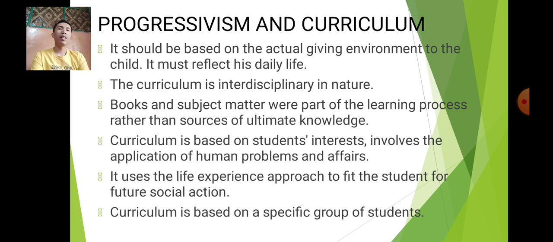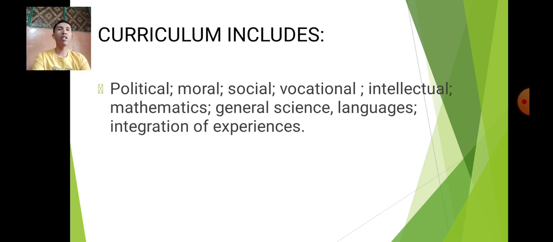So it is also considering experiences in order to prepare students for social interactions. Then the last one, curriculum is based on a specific group of students. Okay, curriculum includes political, moral, social, vocational, intellectual, mathematics, general science, languages, and integration of experiences. So these are the curriculums included in this progressivism philosophy in education.